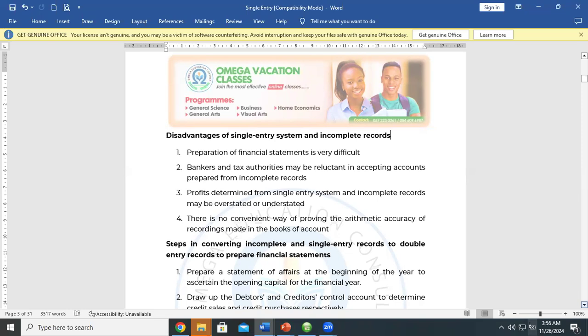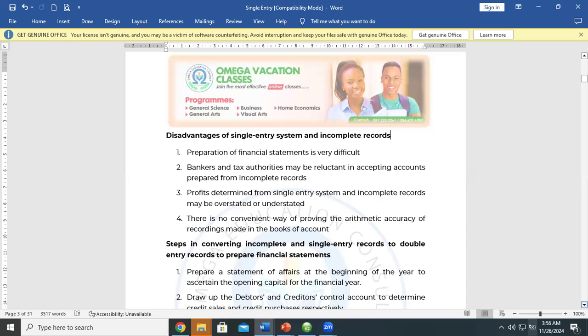The person cannot prepare a trial balance, okay, because the person does not do debit and corresponding credit or credit and corresponding debit. So if I give an example of a transaction, maybe sold goods to AC on credit, this business may only focus on the debtor AC and record and forget about the sales. Okay, so if it happens like that, you can't prepare your trial balance adequately enough.